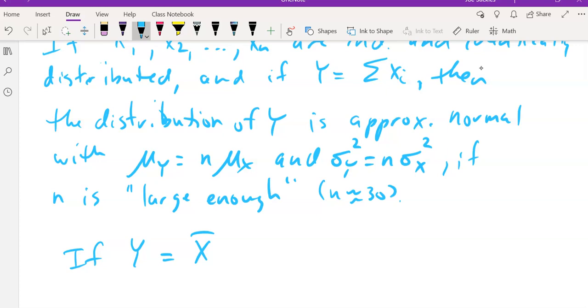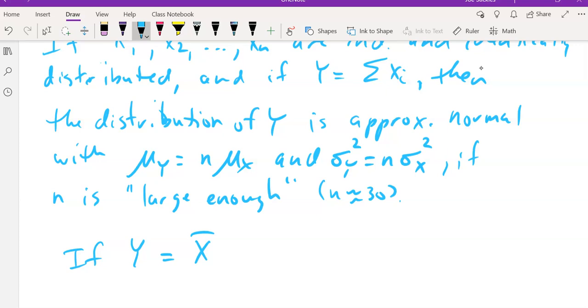Yeah, this is the mean of x, right? The n's will cancel. What'll happen here? You'll get a 1 over n squared times an n, right? So you'll get sigma squared, the variance, over n in that case.